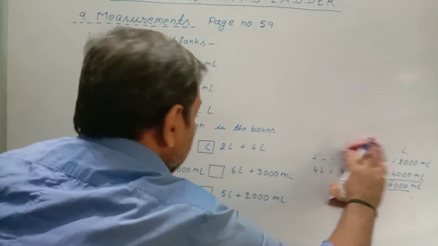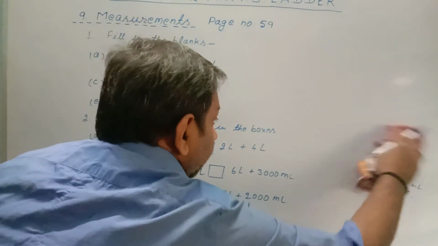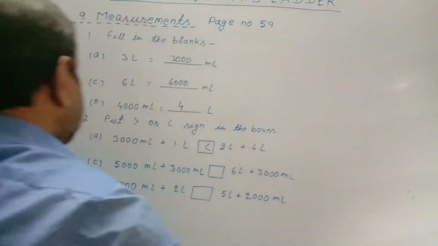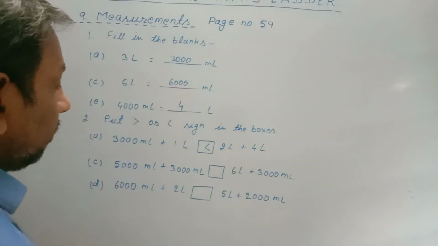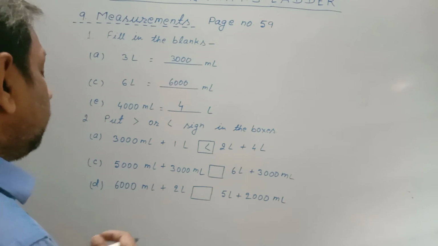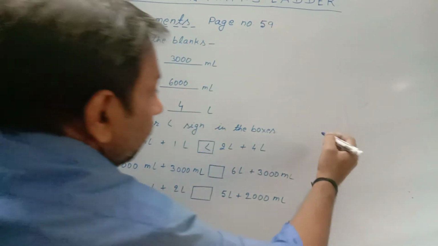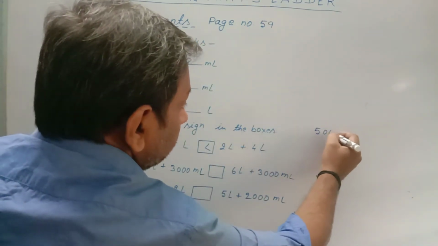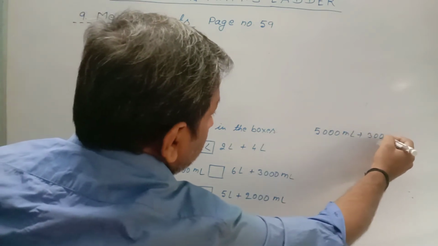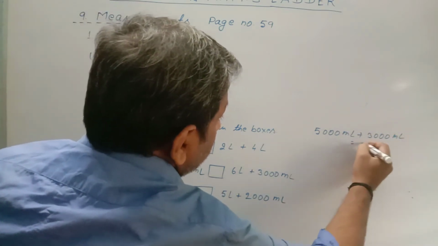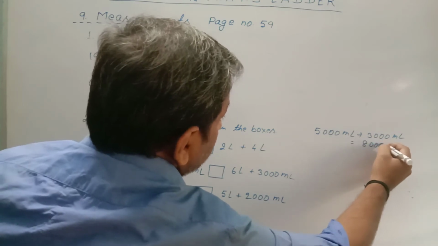Now question number 2b. In this question 5000 milliliter and 3000 milliliter. We'll add these two. How much milliliter? 5000 milliliter plus 3000 milliliter equal to 8000 milliliter.